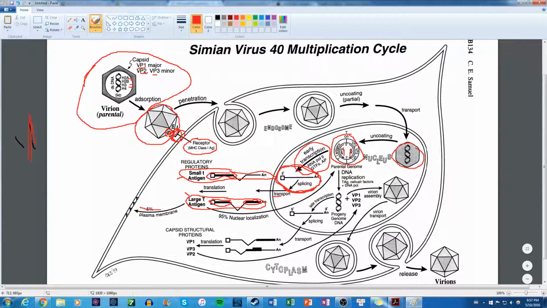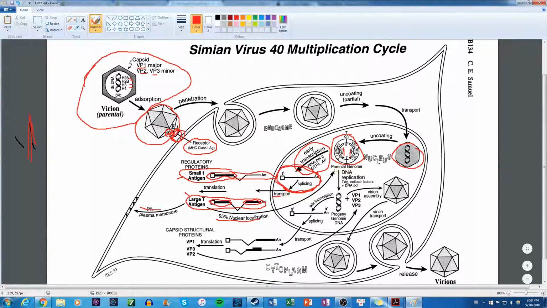Now, if you see here, for the large T antigen, Dr. Samuel wrote 95% nuclear localization. Basically, it's saying most of the large T antigen that is produced during RNA transcription goes back into the nucleus.